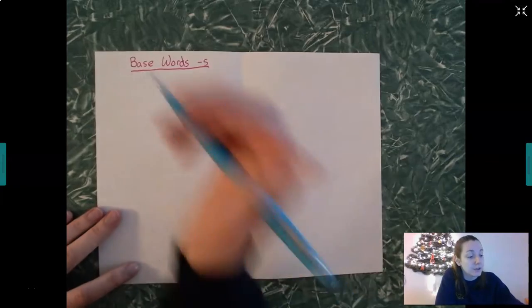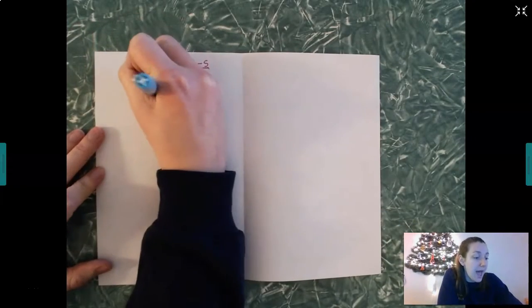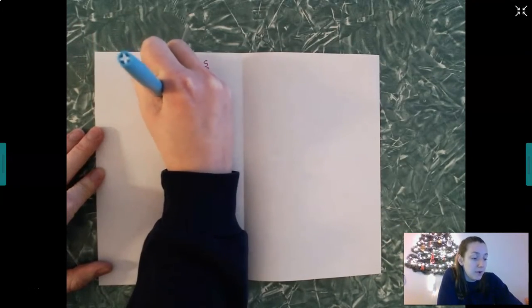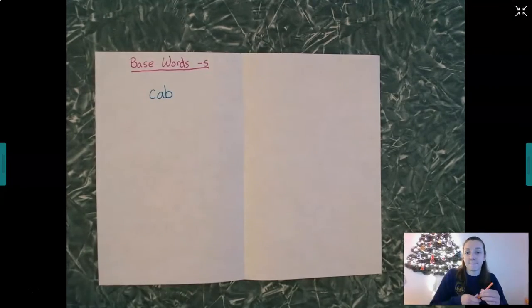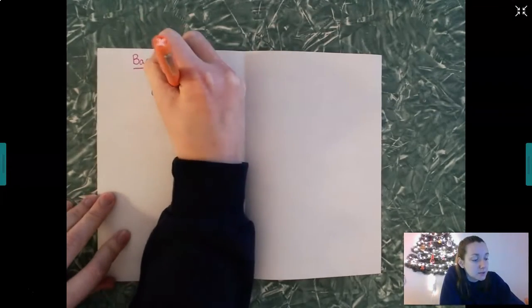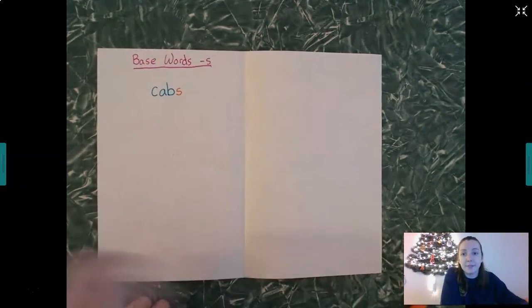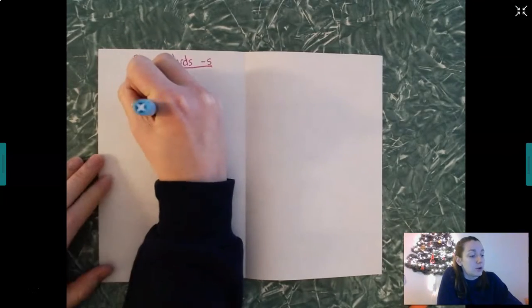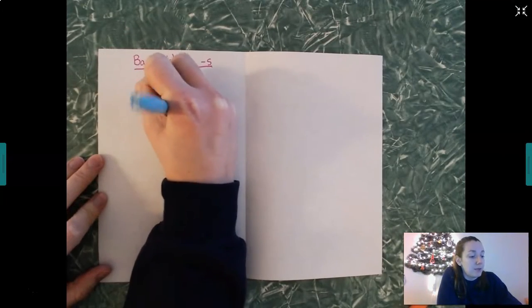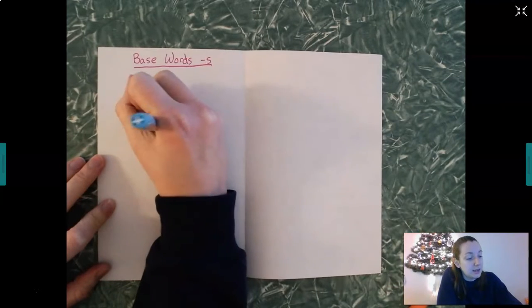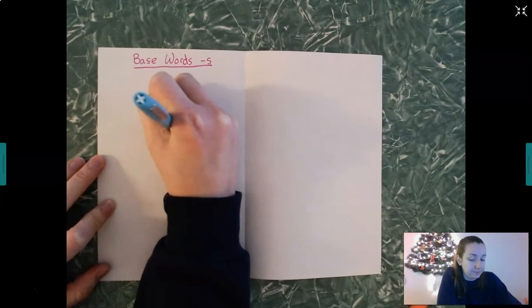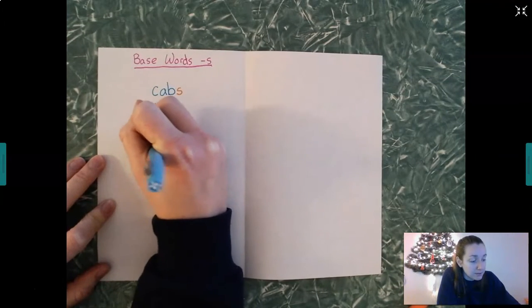So for example, you can think of the word cab. You would add an S to make it cabs. The word chick, thinking of kind of our farm theme. So let's just think of some base words. So chick, cab, hike, grape.